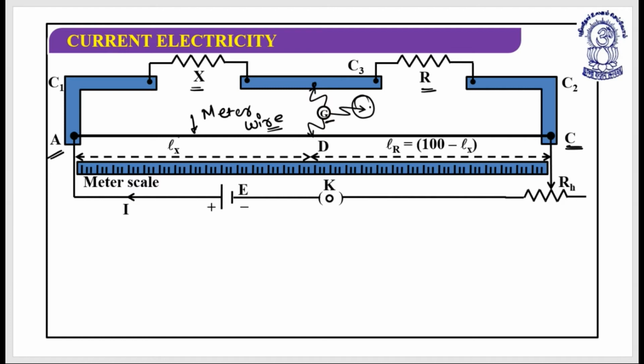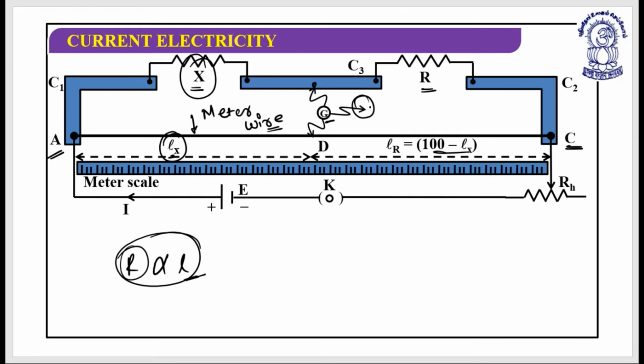I know that R is directly proportional to L. So one length will become Lx and another length will become 100 minus Lx. As lengths are different, the resistances would be different. Basically this is being used to find out the unknown resistance.